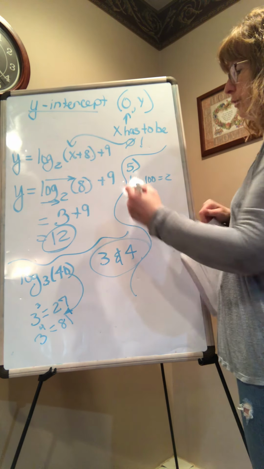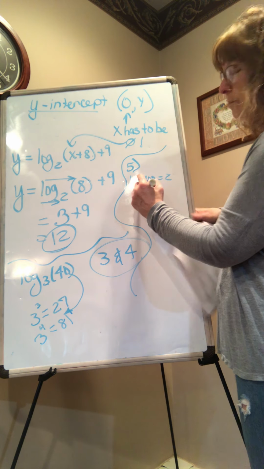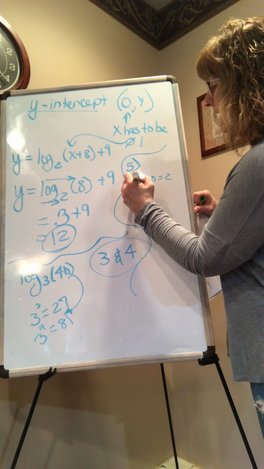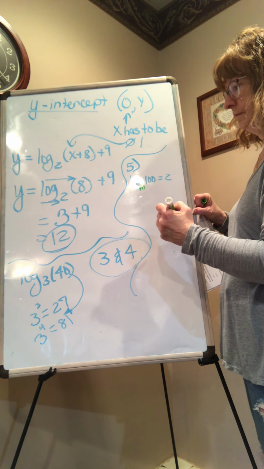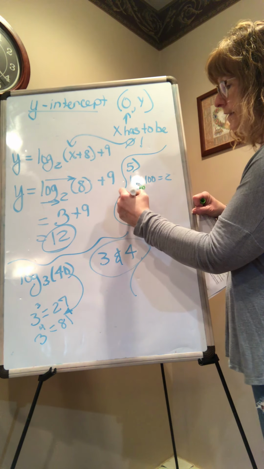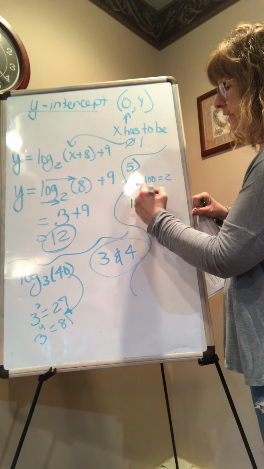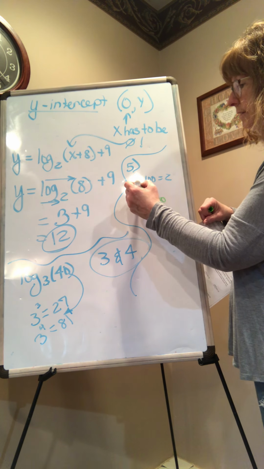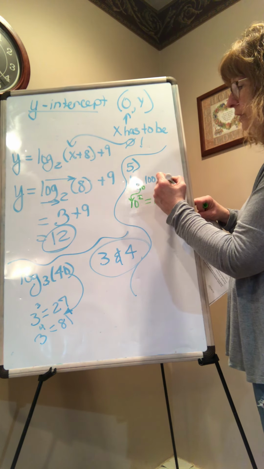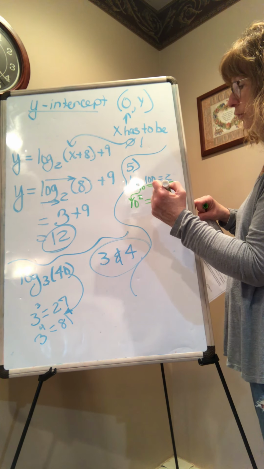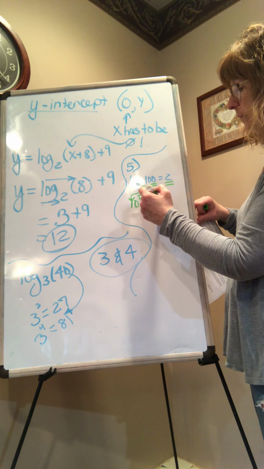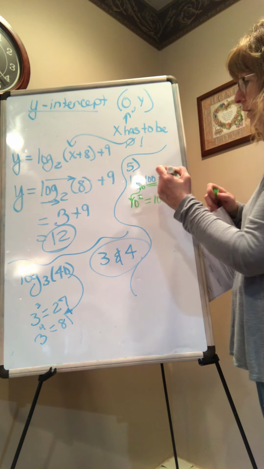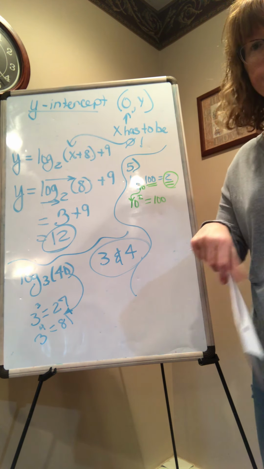And you're going to get 2 because, again, the invisible base is 10. And 10 to the second power equals 100. So again, you can keep the base and switch the power and the exponent, and there you go. So A gave you 2.